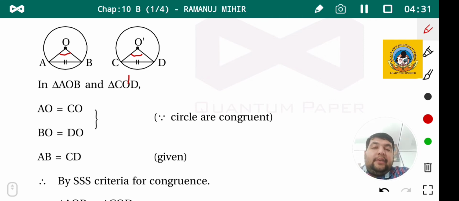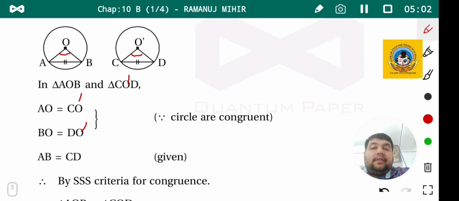Because it is the radius of the circle and it is already given that both have equal radii. So AO and CO' are the radii of the circles. There is a small mistake here: dash must be there, so OC O dash, DO dash.